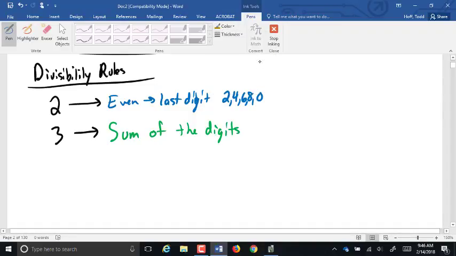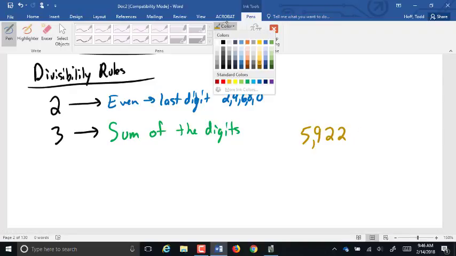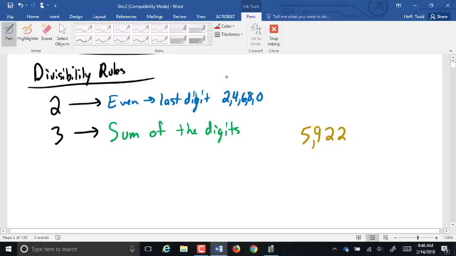What that means, let's say we have a number like 5,922. At first glance, you might not be able to tell whether it's divisible by 3, but if we look a little closer, we do 5 plus 9, what's that give us? 14 plus 2, 16 plus another 2, 18. Is 18 divisible by 3? Yes, so this 5,922 is divisible by 3.